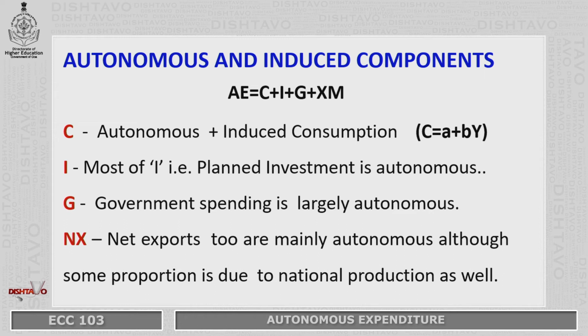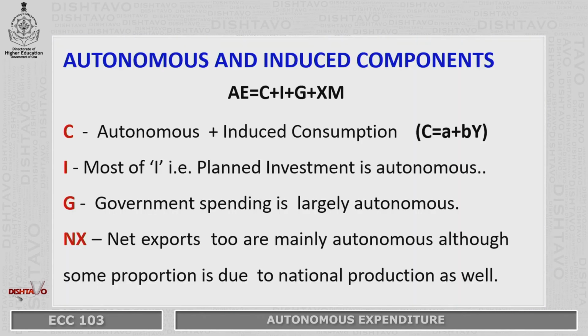Component C, or consumption, is made up of autonomous as well as induced consumption. When consumption is not dependent on income, it is the autonomous consumption. When it is dependent on income, it is the induced component of consumption.